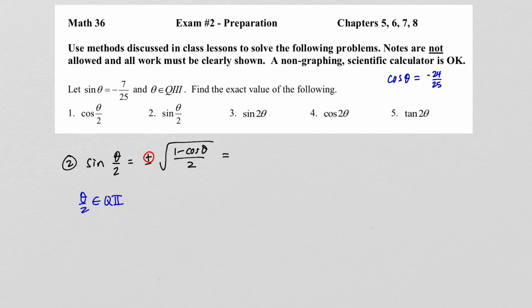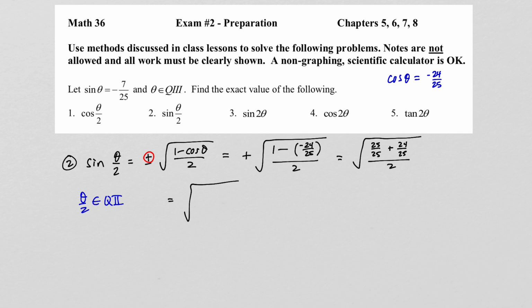So this is going to equal positive square root of 1 minus cosine of theta, which is negative 24 over 25, all divided by 2. This is the square root of 25 over 25 plus 24 over 25, all divided by 2. And this is the square root of 49 over 25, again all divided by 2, which is the square root of 49 over 25 times 1/2.